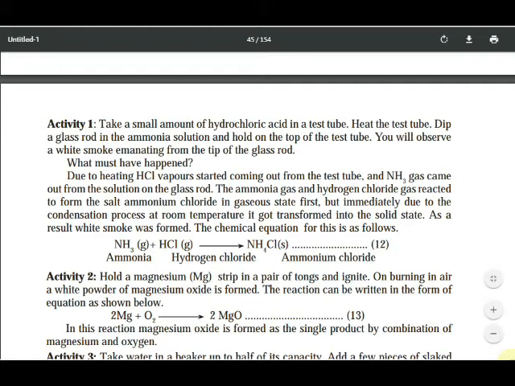So for this activity, what have you taken? HCl is taken, and you give heat to the HCl. Ammonia gas and hydrogen chloride gas react to form salt ammonium chloride.